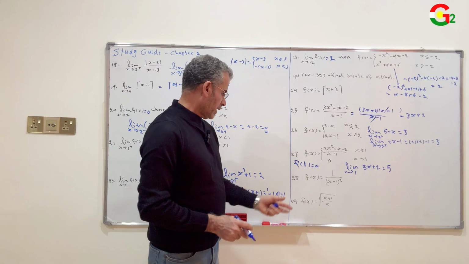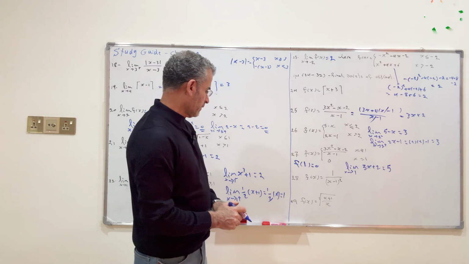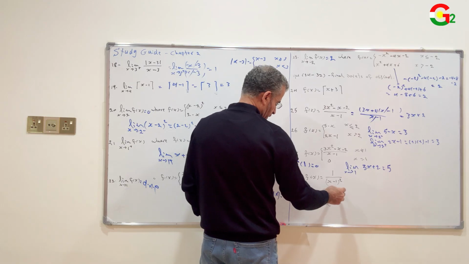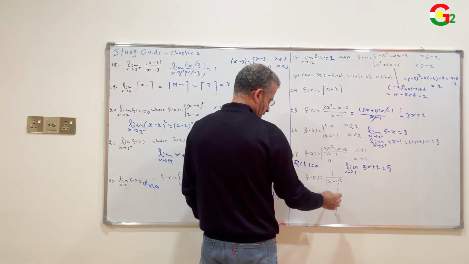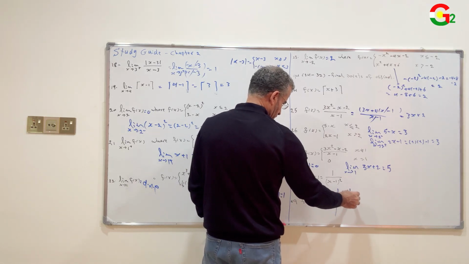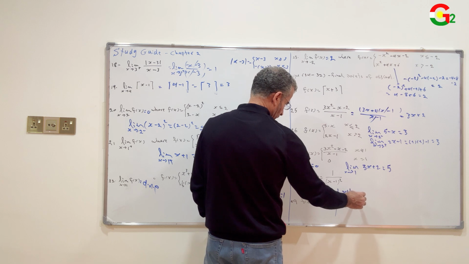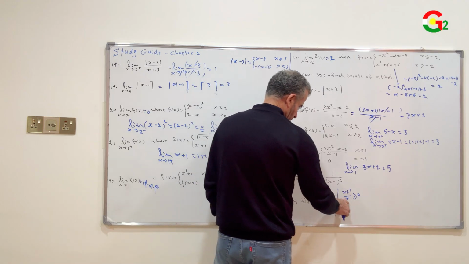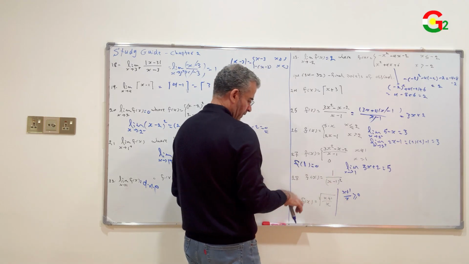To find the discontinuity point of this function, find the domain of this function. The domain of this function is when x plus 1 over x is greater than or equal to 0 and x not equal to 0.